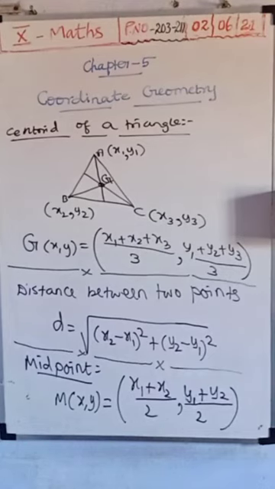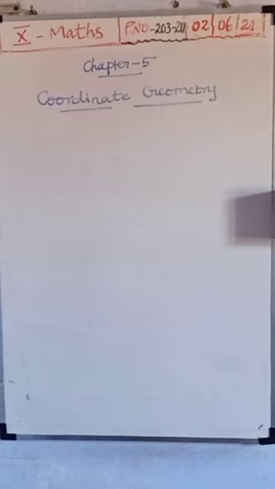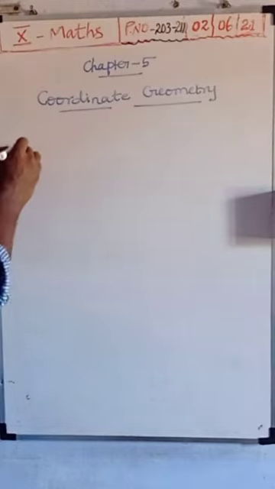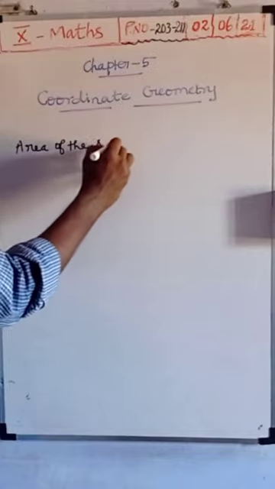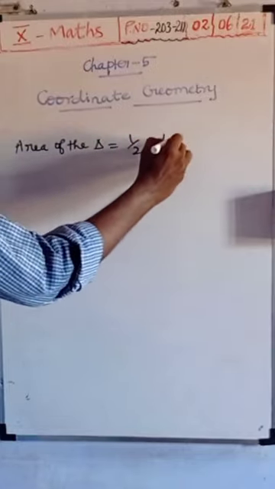So see, using 3 points, how do we find the area of the triangle? In lower classes, we learned that when base and height are given, the area of the triangle is half into base into height.